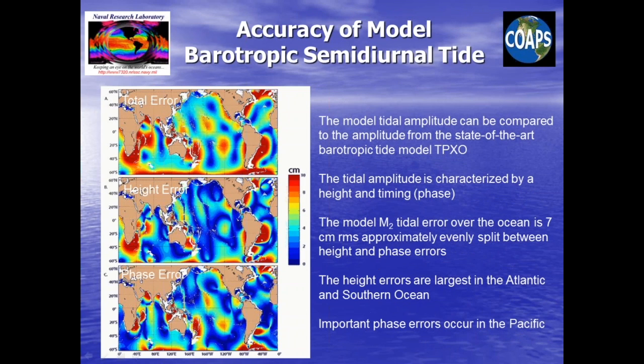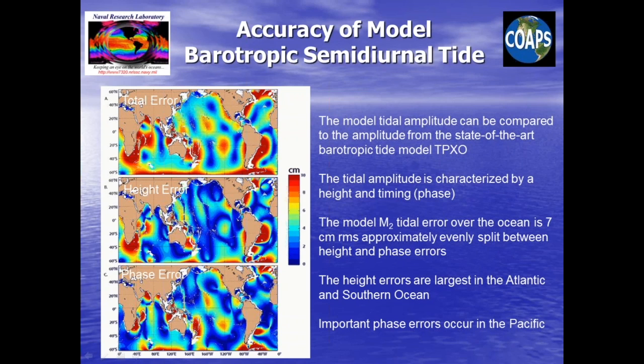And if you actually look at the error, so this is now the RMS difference between those two pictures that I had, you can see that in this first solution we have very large errors all around Antarctica, very large errors in the Atlantic, and we have some significant errors in the Pacific and Indian Ocean.